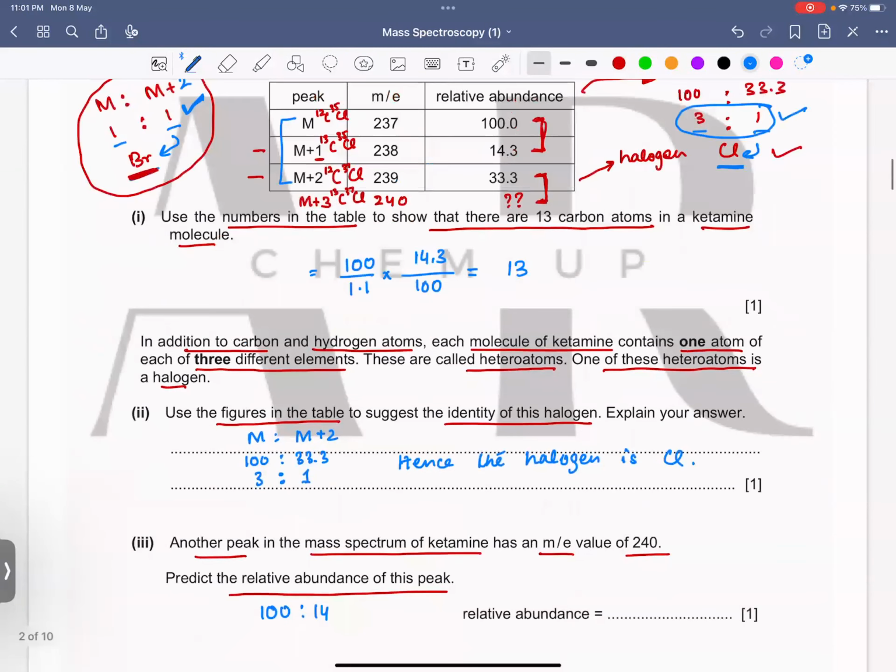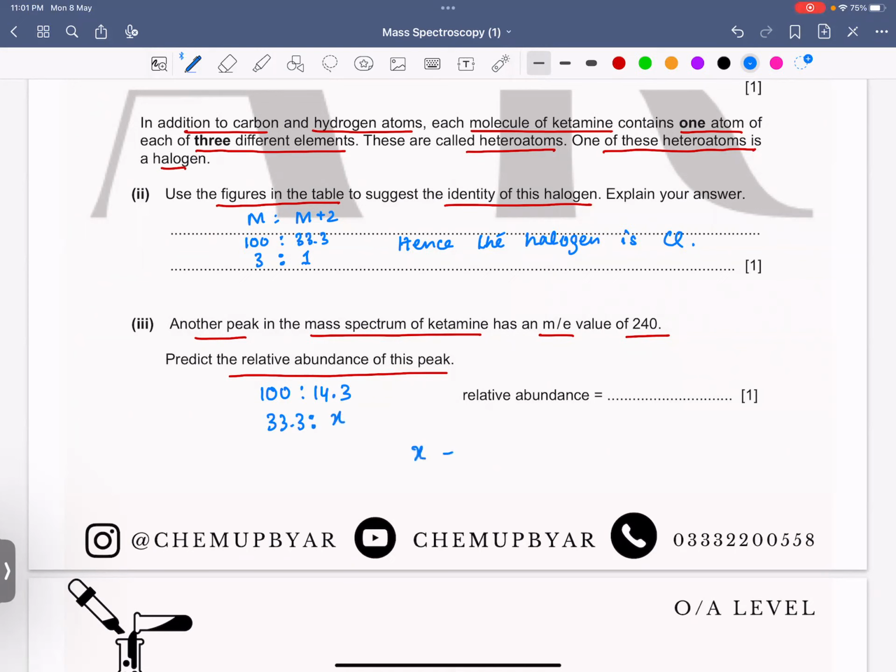Then 33.3 is to x. So can anybody calculate the value of x? 33.3 times 14.3 divided by 100.